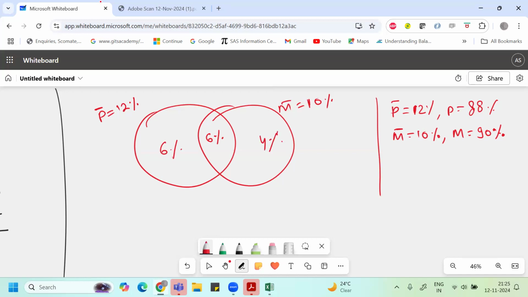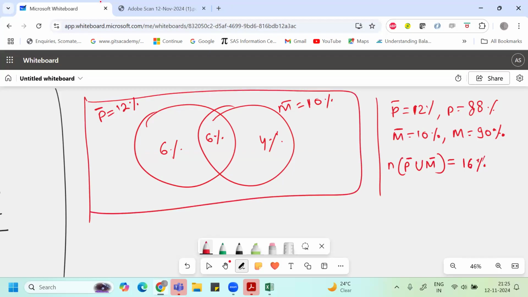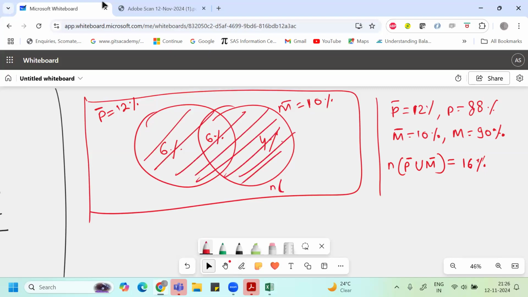Okay. So how many students are there who failed in physics or maths? 16% students are there who failed in either physics or maths. That is 16%. And how many students are there who have passed in physics and passed in maths?